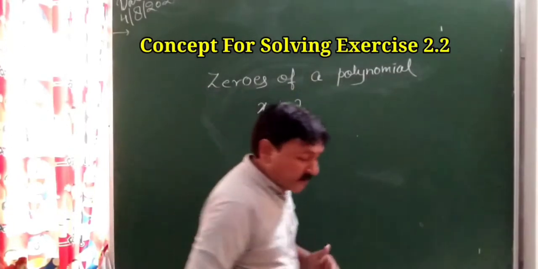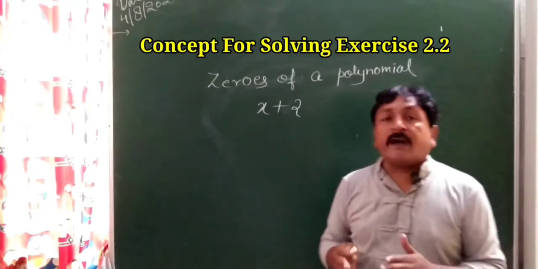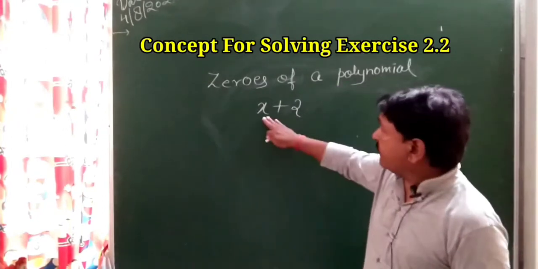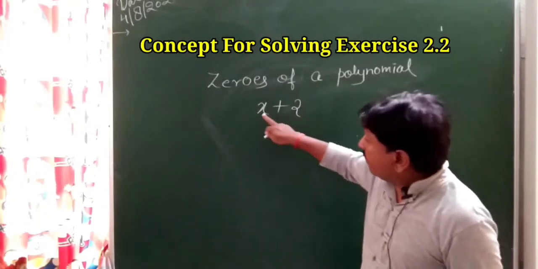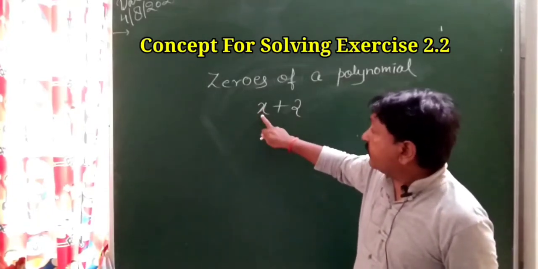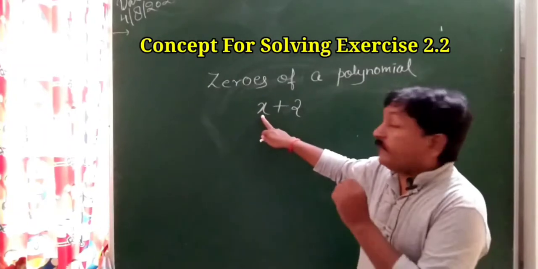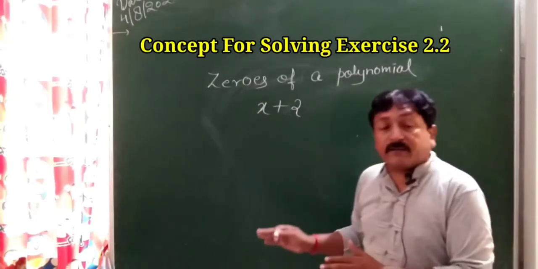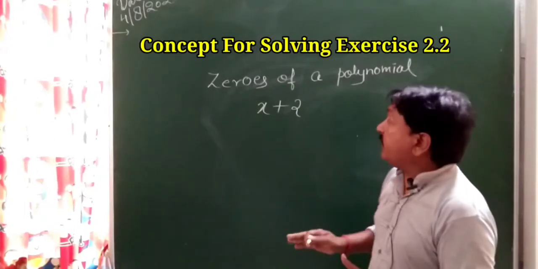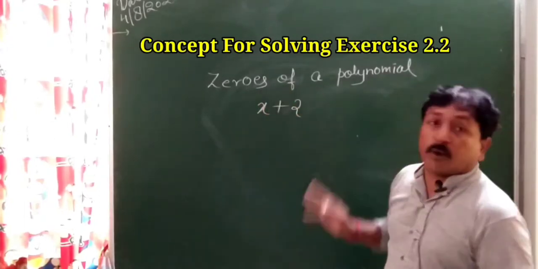Okay? I am just repeating it. Suppose we have a polynomial, say x plus 2. The value of the variable, here x, which on putting in this expression gives the answer 0 is called the zero of a polynomial.